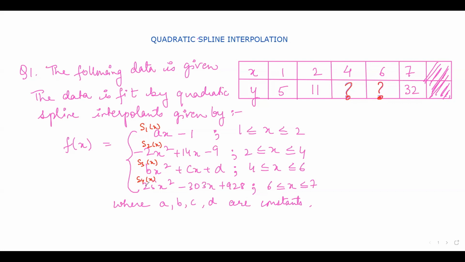To find the value of y at 4, I hope you understand that 4 is passing through two splines, S2 and S3. For S3, we have the unknown constants B, C, and D, so that's not possible. So I can substitute x equal to 4 in the second spline, S2(x), and from there calculate the value of y at 4.